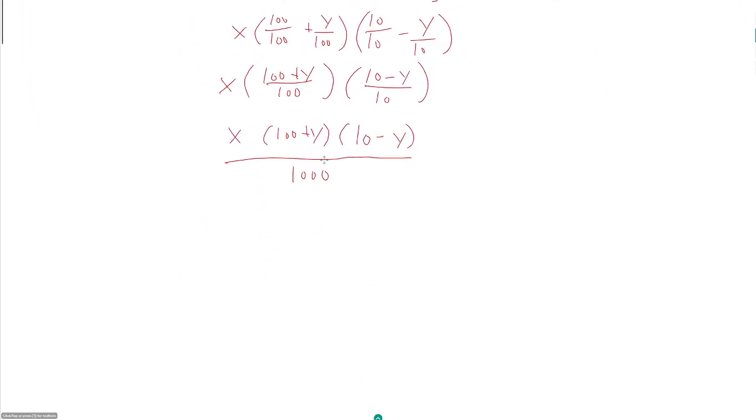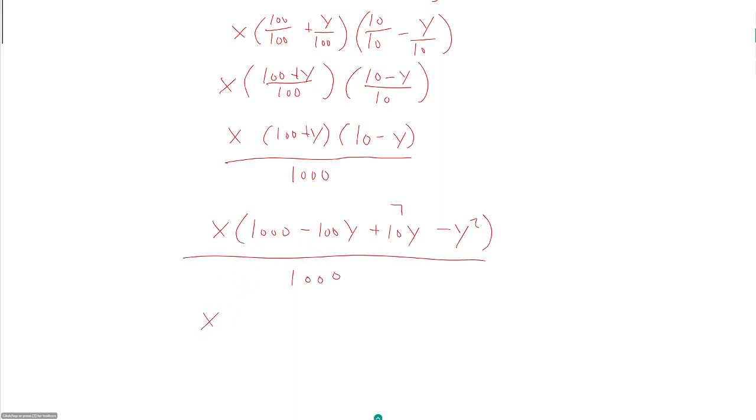So let's distribute out our parentheses here. It would be still x, but then times 100 times 10, which is 1,000, minus 100y plus 10y minus y squared all over 1,000. So this would be x.